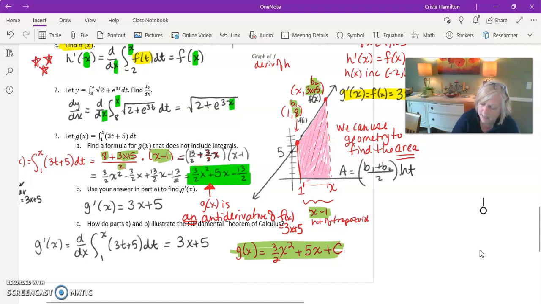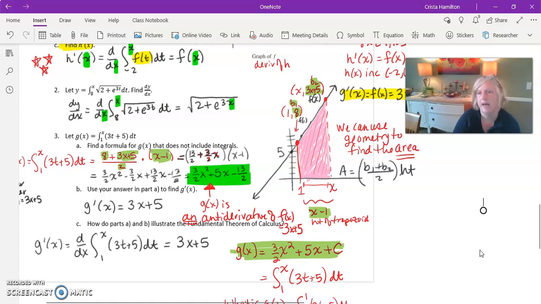Well, the idea is that we were doing this as the definite integral from 1 to x of 3t plus 5 dt. If I was calculating that in general, what is g of 1? So g of 1 would be the integral from 1 to 1 of 3t plus 5 dt.